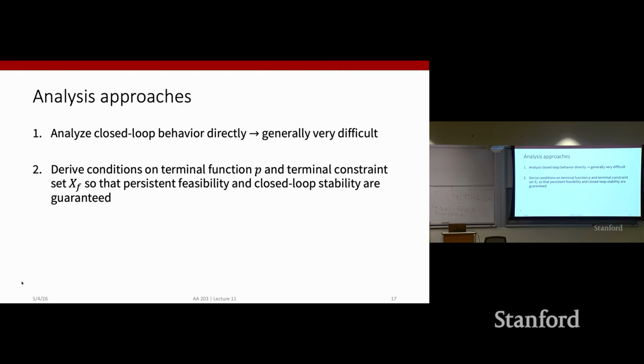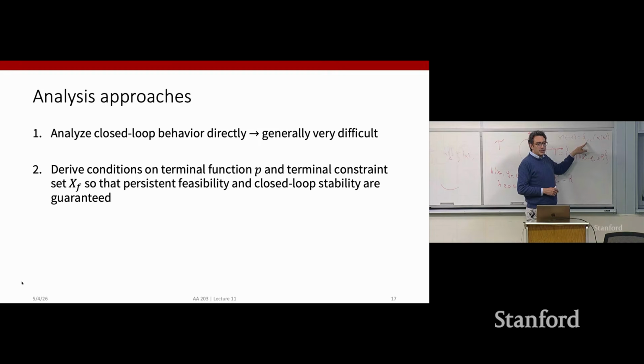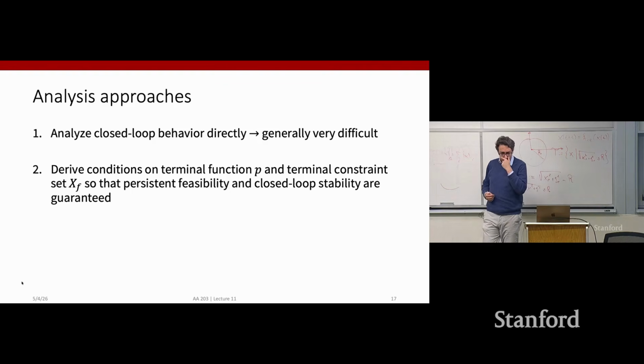That's very hard because this is a nonlinear system that entails an inner optimization. So this closed loop function f is really the result of applying an optimization step, so it's difficult to analyze. And that's where people were stuck.